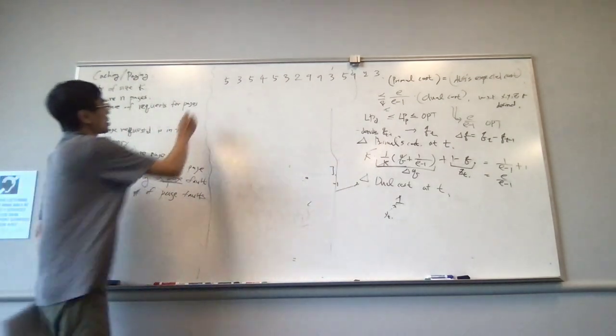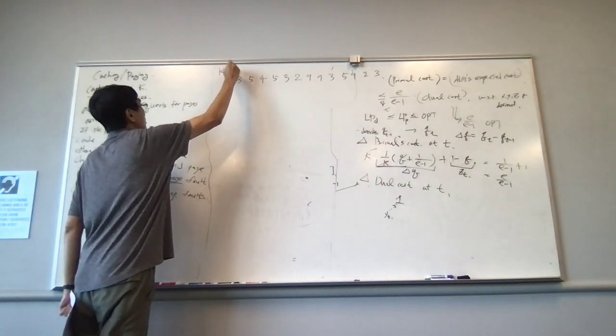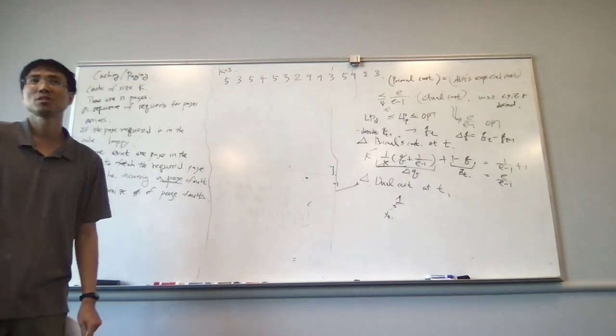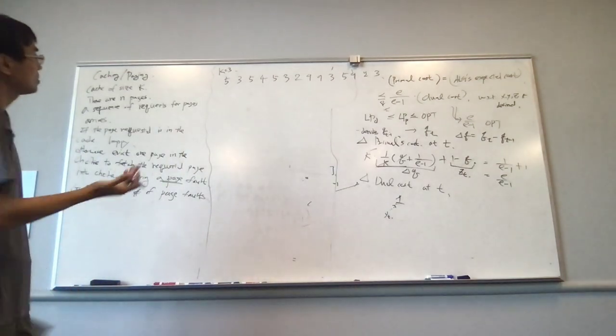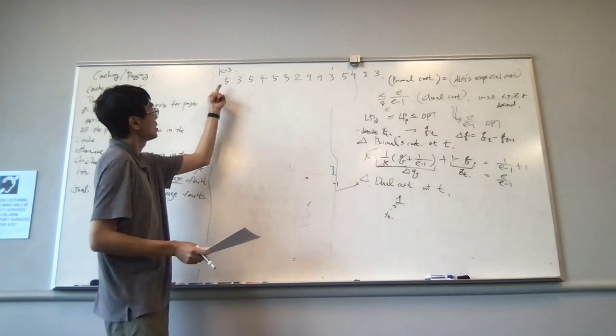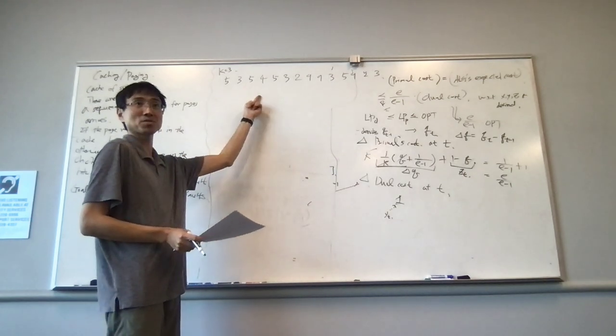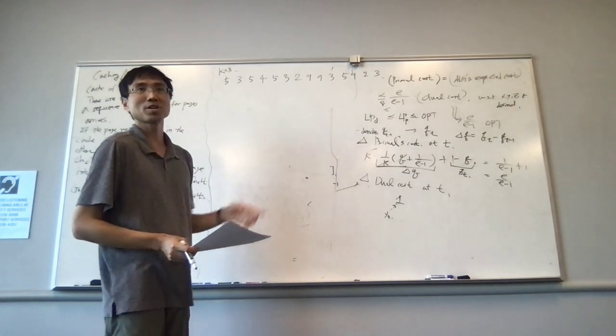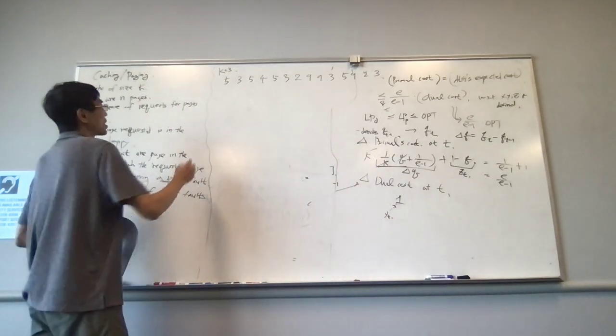Let's say k equals 3. So I can store at most 3 pages in my cache. That's my limit. At the first time, these are the page indices: page 5, page 3, page 5, 4, 5, and so forth. So let's see what I can do here.